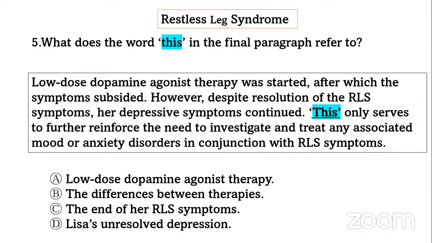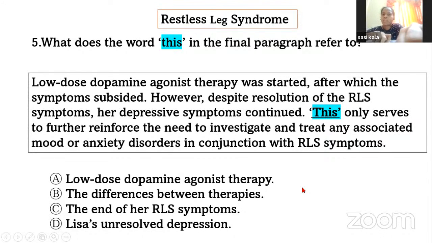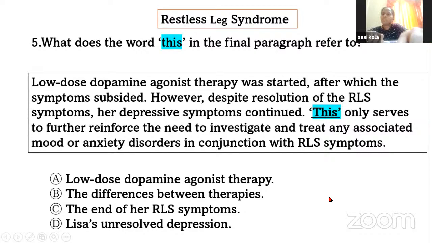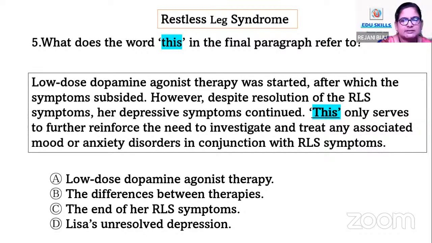Once again, read that part: her depressive symptoms continued. Unresolved depression, D, ma'am. Yes, continued means it is unresolved. So synonyms, D is there. Her depressive symptoms continued. So what is the answer then? D, ma'am. Lisa's unresolved depression.